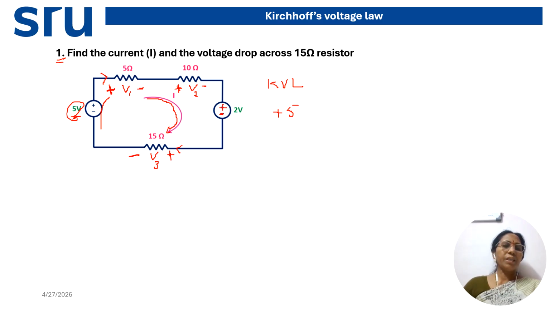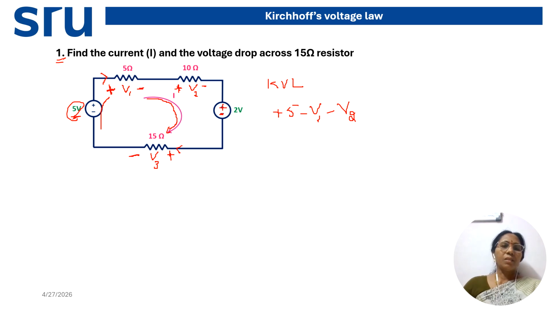The next, V1, we are crossing from plus to minus. Is it right? From plus to minus means it is minus V1. The next, what about this V2? We are crossing plus to minus, that's why it is minus V2.